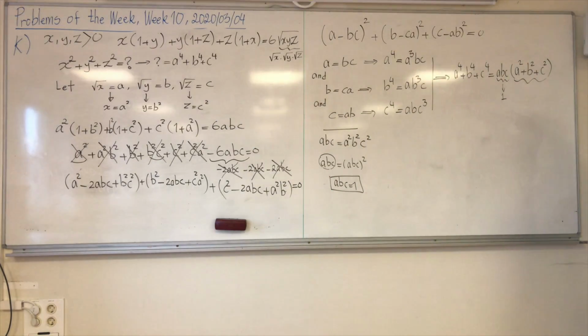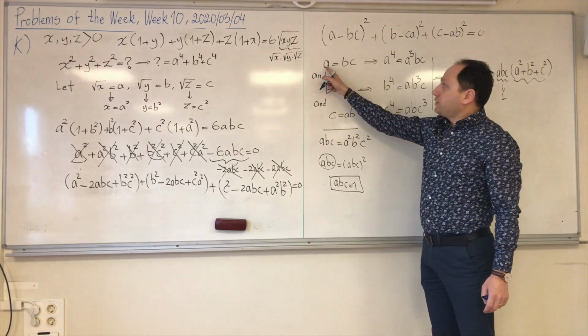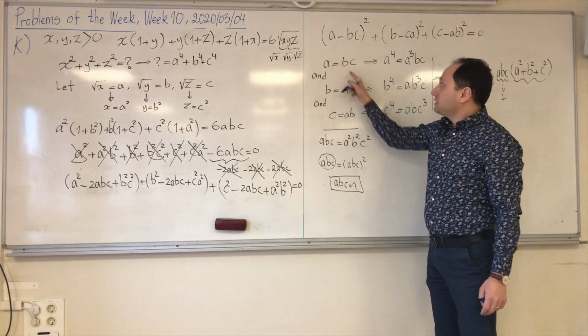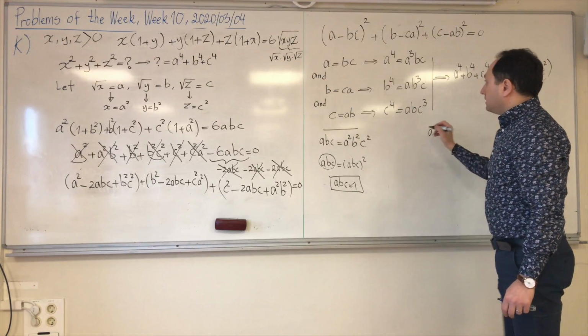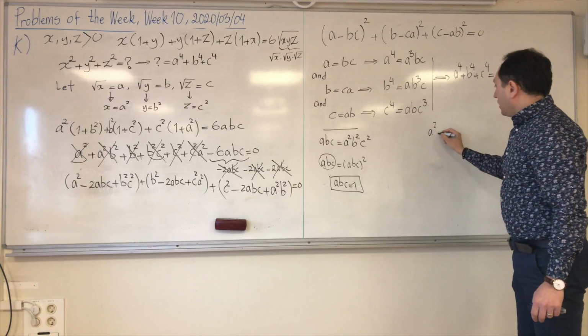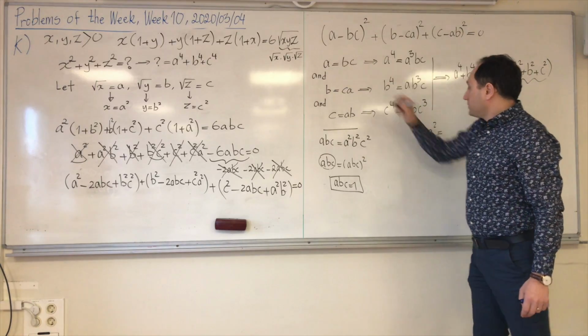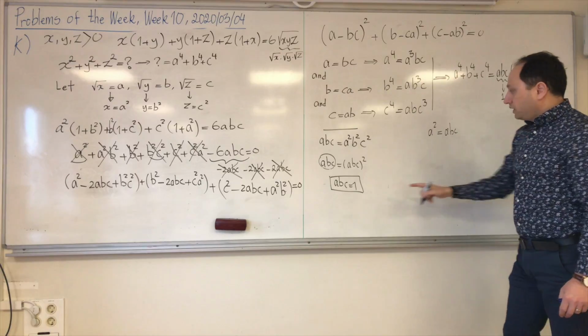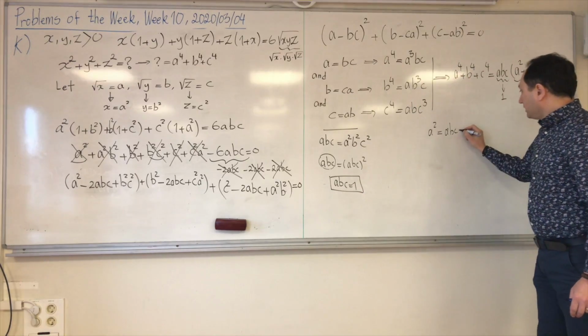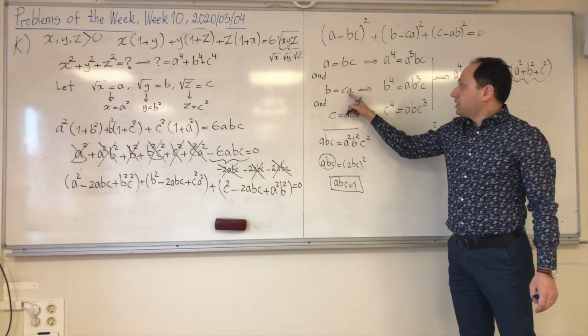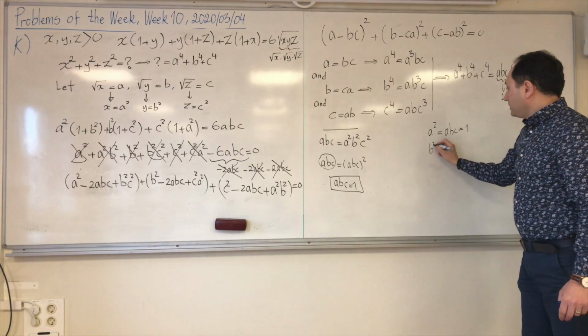Now, let us calculate that one. I need to calculate a squared plus b squared plus c squared. With the same motivation, I want to have a squared. So I multiply this by a. It becomes a squared. On the right-hand side, it becomes abc. But what is abc? abc is 1. I multiply both sides of this by b. It becomes b squared.